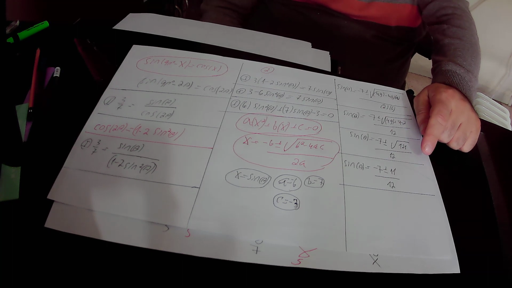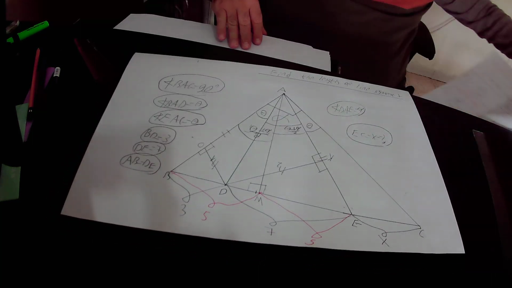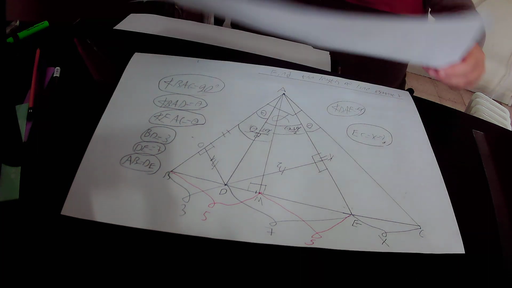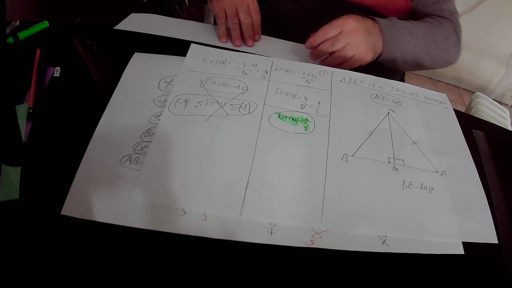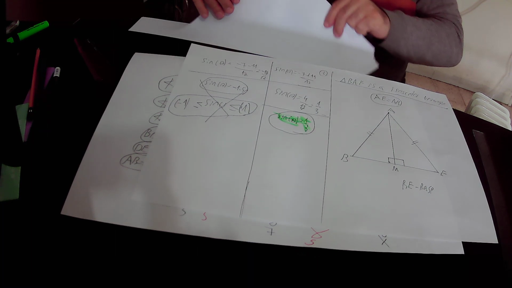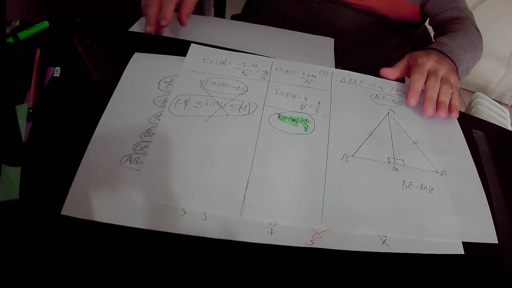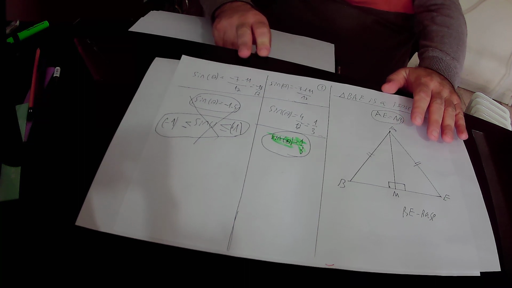So here we will have two possible solutions for sine theta. The first solution is that sine theta equals minus 7 minus 11 over 12.